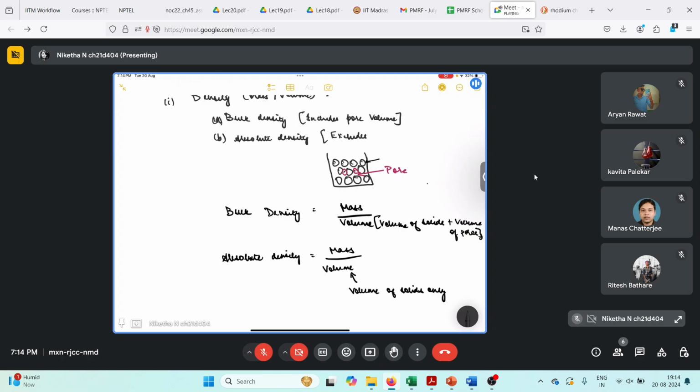In absolute density, we are not considering the volume of the pore. We are only considering the volume of the solids that are present here. The pore volume is completely excluded. So if we exclude the pore volume in the calculation of absolute density, will this be higher or lower than the bulk density?